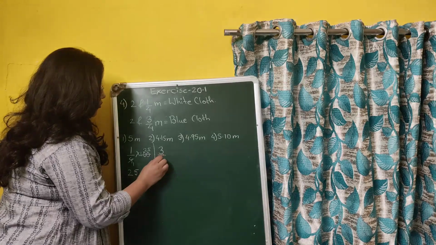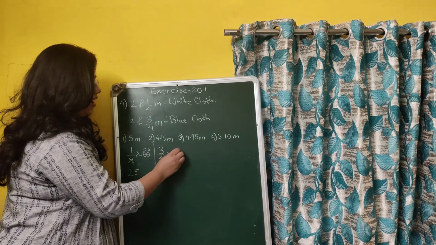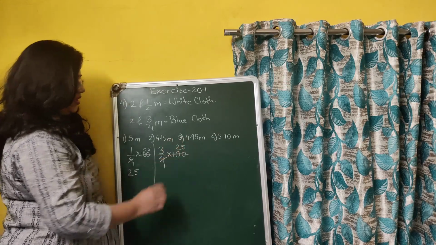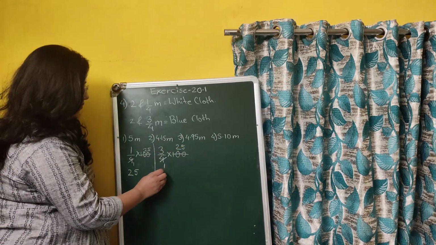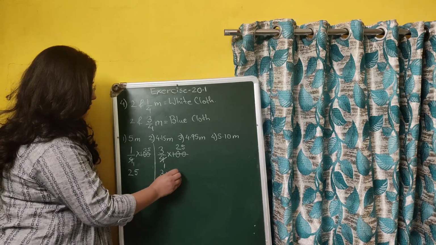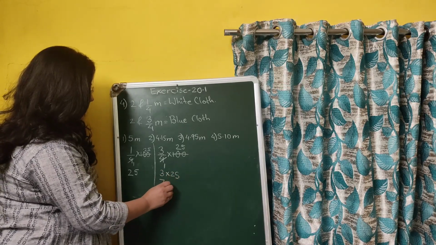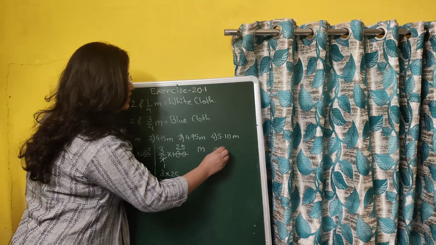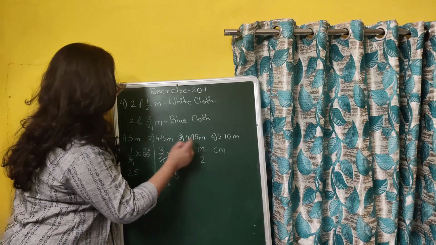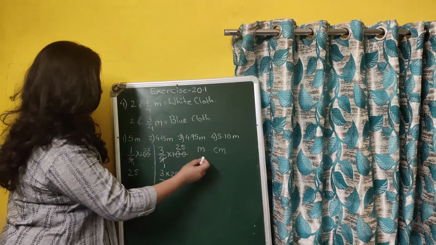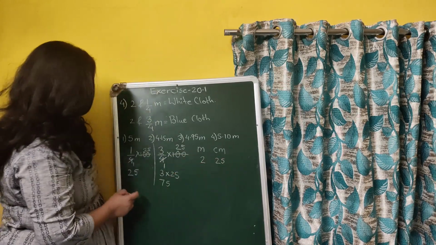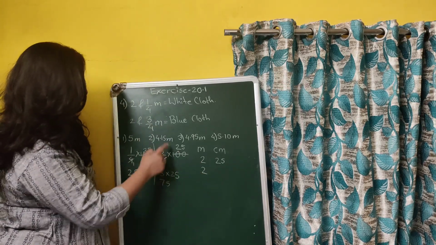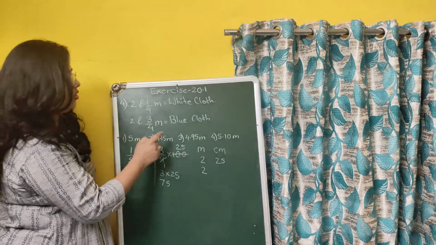And 3 upon 4, that is 3/4, multiply by 100. 4 ones are 4, 4 25s are 100. 3 multiplied by 25 is 75. So now meters and centimeters. 2 meters and 25, that is 1 upon 4 centimeters, and 2 meters of blue cloth and 75, that is 3/4.